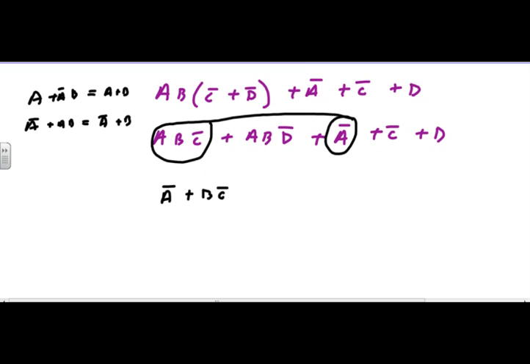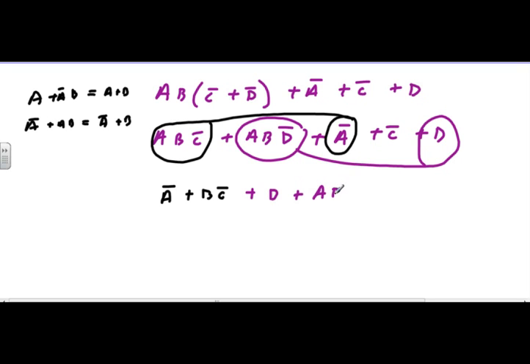Then I can do the same thing with these two, because that's that rule. So that's going to be or the A guy, which is D, or the B guy, which is AB. Okay, and that leaves us C' left over.